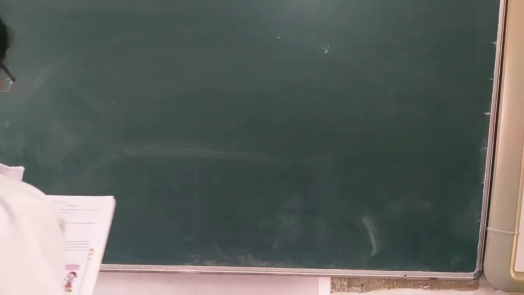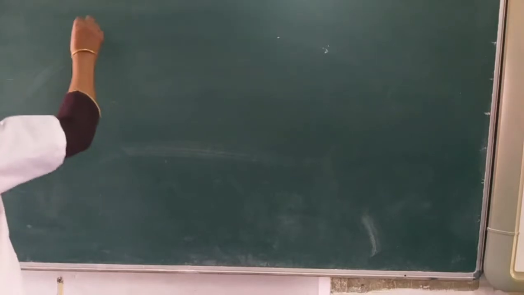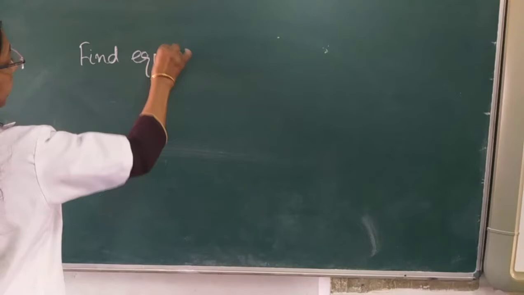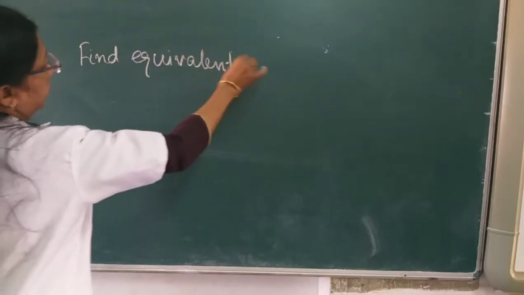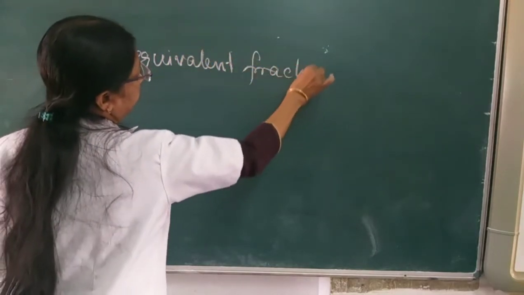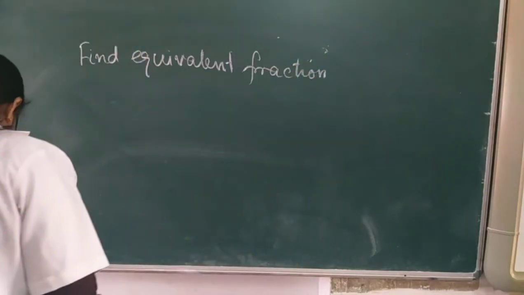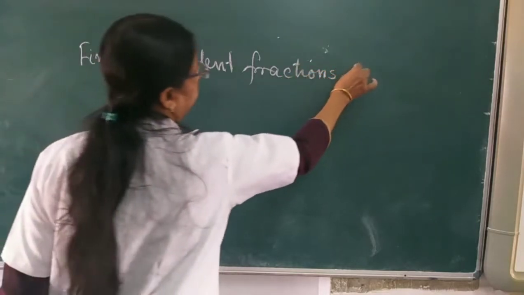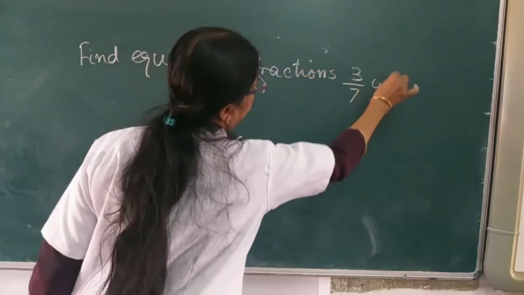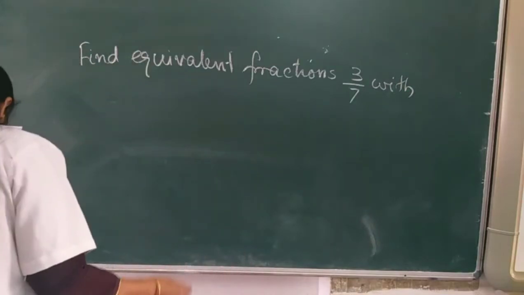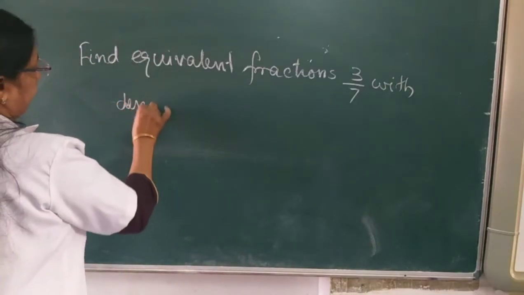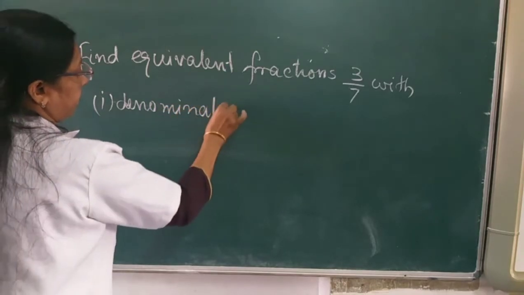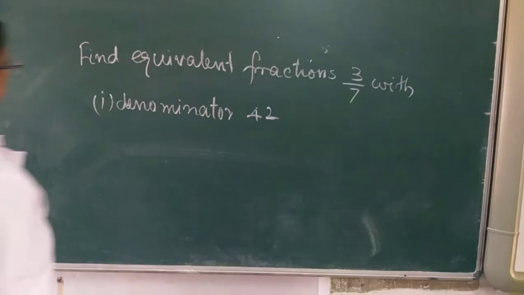Next is find equivalent fractions for 3 by 7 with denominator 42. First one, denominator 42.